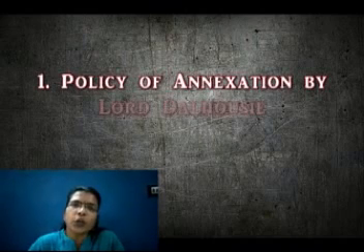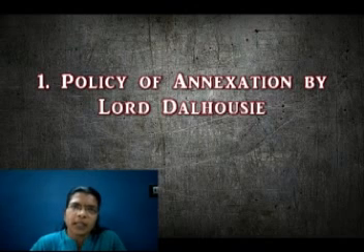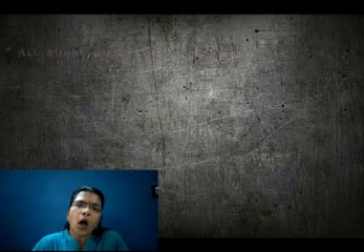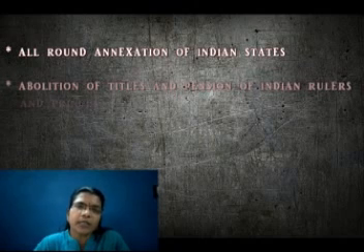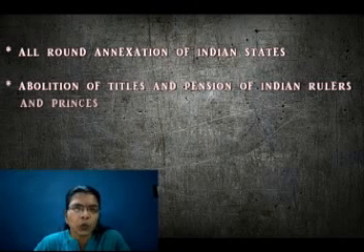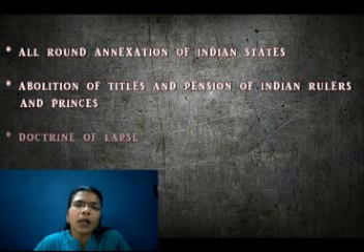The first thing is the annexation policy introduced by Lord Dalhousie. Lord Dalhousie had introduced an all-round annexation policy, and he abolished the pensions for the princes and the Indian rulers. Moreover, he had introduced the doctrine of lapse. Now let us see what this doctrine of lapse is.